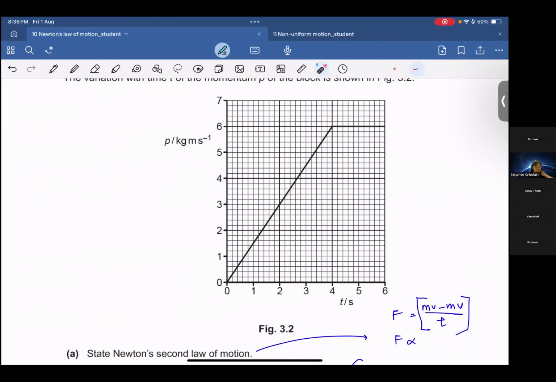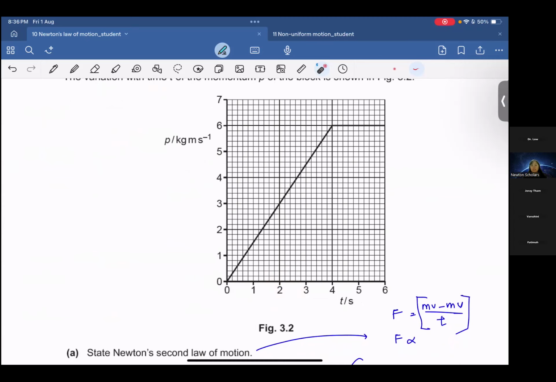What is the resultant force of the block at 2 seconds? As I told you, for graph information, we have two: either we can get some information from the gradient or the area under the graph. So you have to think, this gradient, what information can we get?